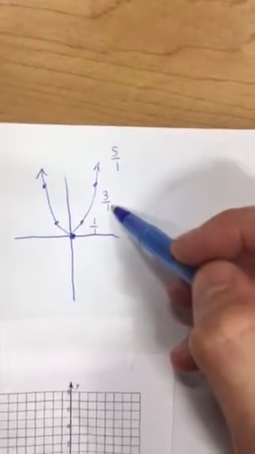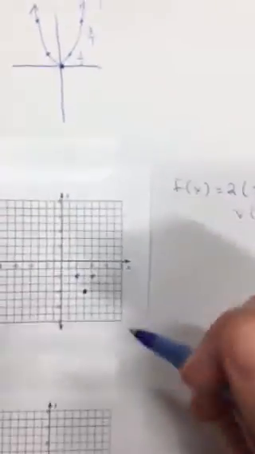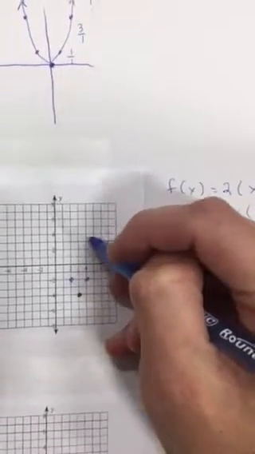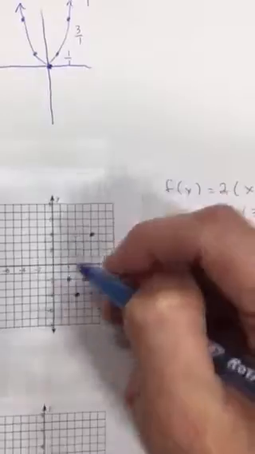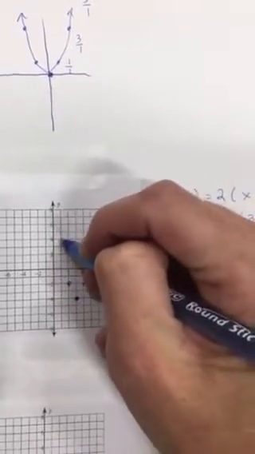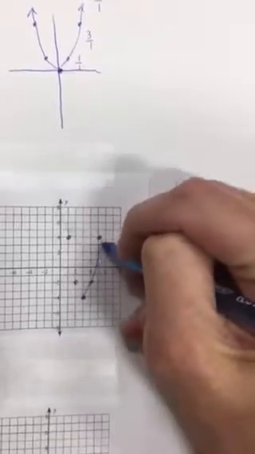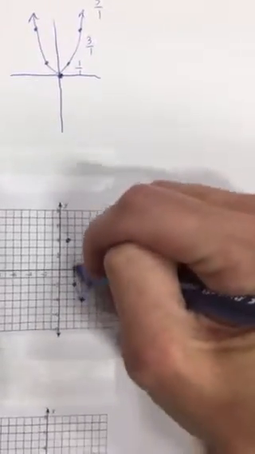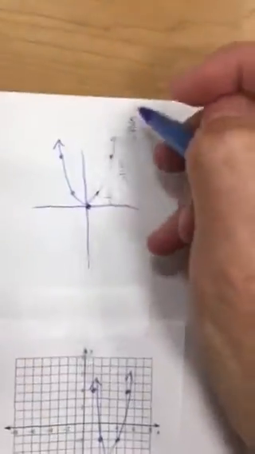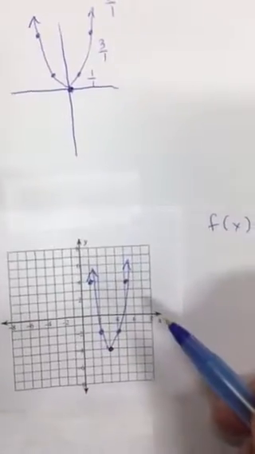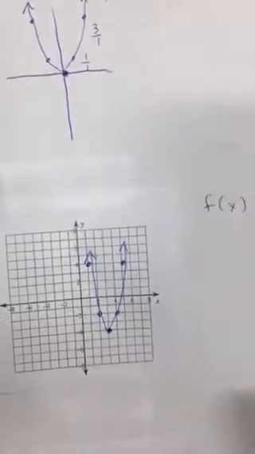I'm going to go up by 6 and then over by 1. Up by 6, 1, 2, 3, 4, 5, 6, over by 1. And then over here I'm going to go up by 6 over by 1. And that's how the dilations work: you use this steepness, this vertical change, to figure out what the dilation looks like.